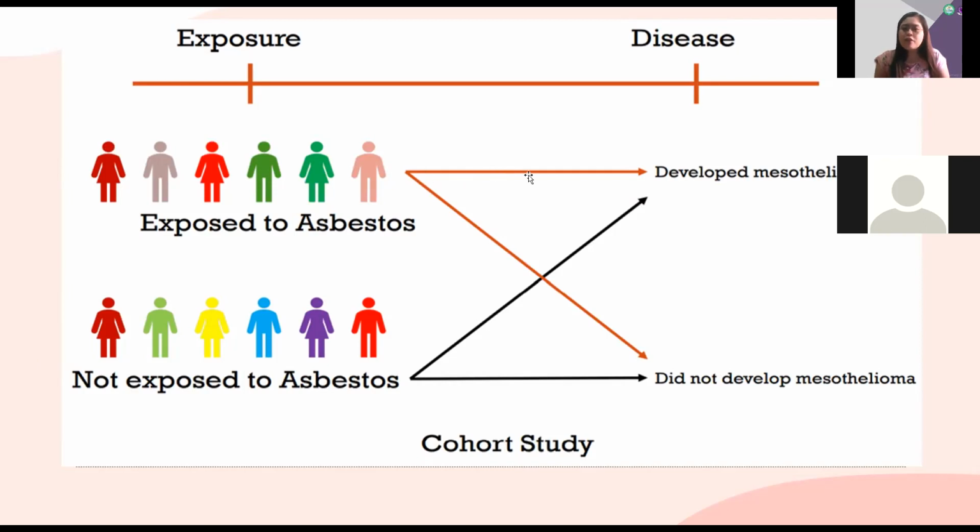And then we will follow them sa future kung kinsa sa ilaha ang nag-develop og mesothelioma o kinsa ang wala nag-develop og mesothelioma. So mesothelioma is a lung condition resembling tuberculosis, but it is not caused by bacteria. Syempre, it's caused by exposure to asbestos. So again, ang tawag ana is mesothelioma. Okay? Questions about the cohort study?